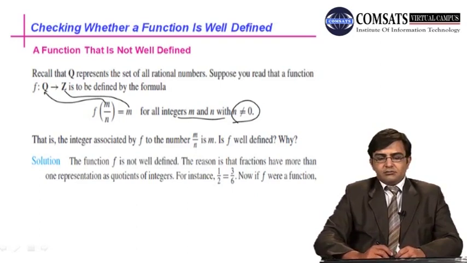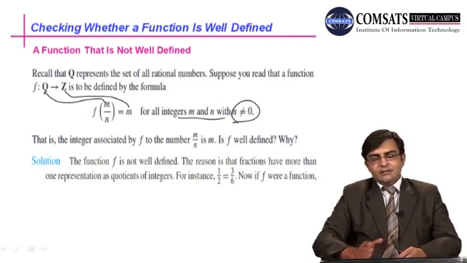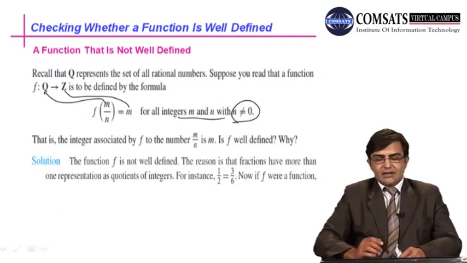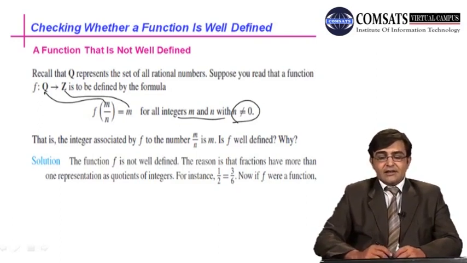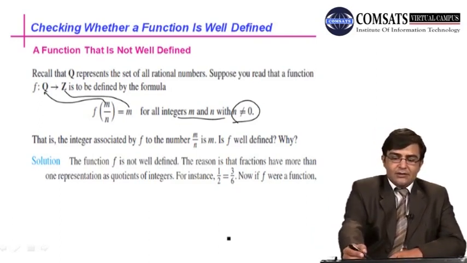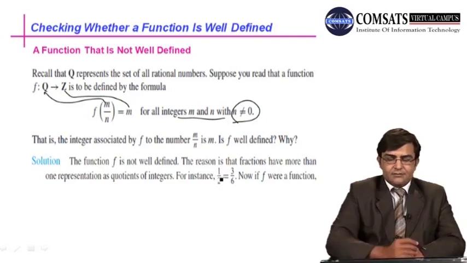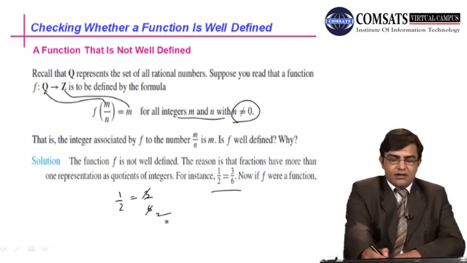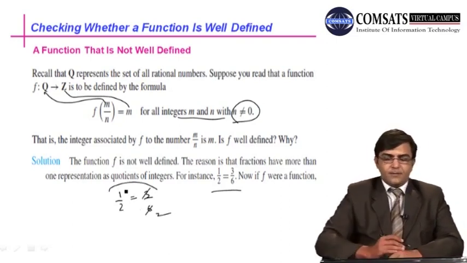Now the first condition holds, as every element is related to some element of Z, but you can check the second condition. If we take two equivalent elements, 1 by 2 is equal to 3 by 6, both are rational numbers. 1 by 2 we can write as 3 by 6, because 3 ones are 3, 3 twos are 6, so we again get 1 by 2.